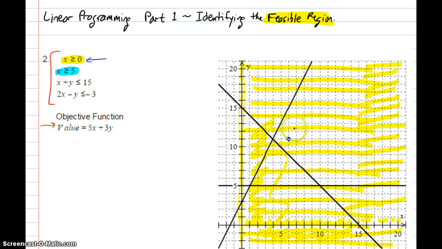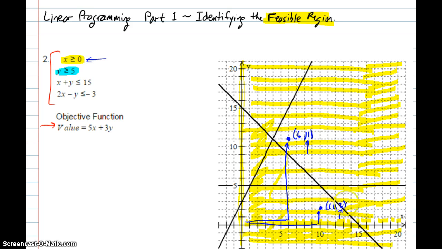So (6, 11), because I got to go 6 on the x and 11 up on the y. So (6, 11), the y-coordinate is indeed bigger than or equal to 5, so that's okay. If I pick a point right here, that's at (10, 2), because I got to go over 10 and up 2 from the origin. So that y-coordinate is 2, that's not okay.